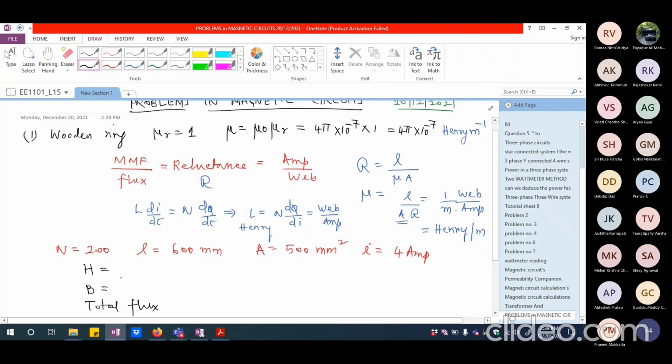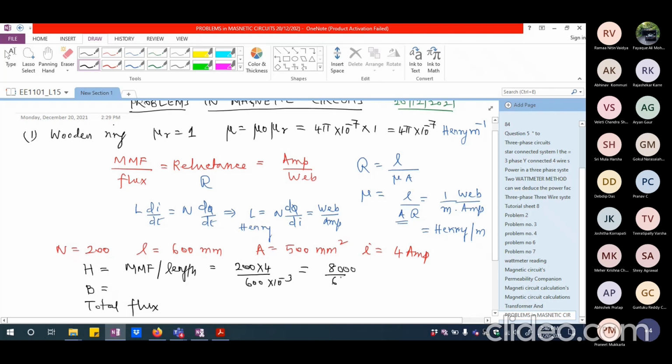We can calculate the magnetic field intensity as MMF per unit length of the magnetic circuit. So MMF is going to be 200 multiplied by 4 divided by the length of the magnetic circuit, which is 600 multiplied by 10 power minus 3 in terms of meter. So this is going to be 8 divided by 6, or 8000 divided by 6.